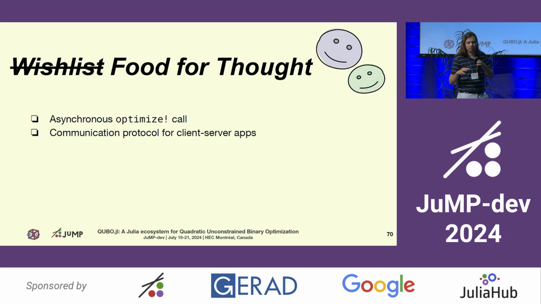So you could begin writing some kind of client-server applications, and this leads to thinking about an interesting communication protocol for sending models and retrieving results, which is a struggle when you think of all these machines people have been developing.